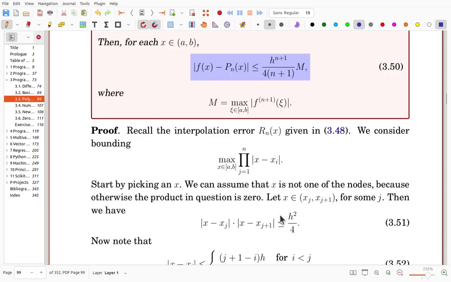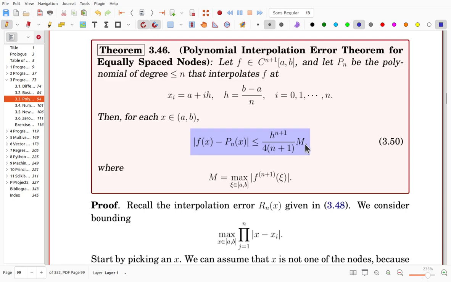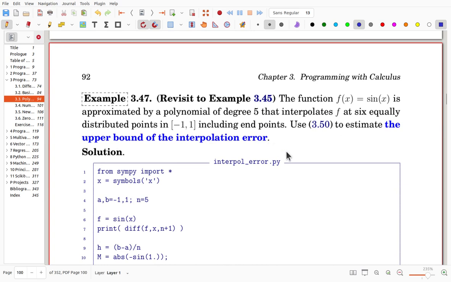Here we have the proof, and you may try to read it, but we will not go through the details of the proof. Now, for the same example, with f of x equal to sine x, we'll get the fifth degree interpolating polynomial at 6 equally distributed points in minus 1 to 1.